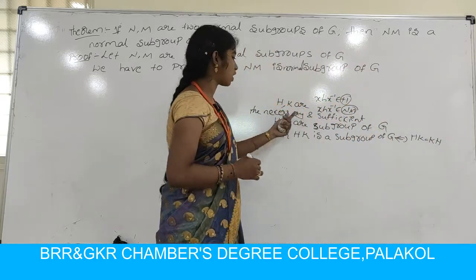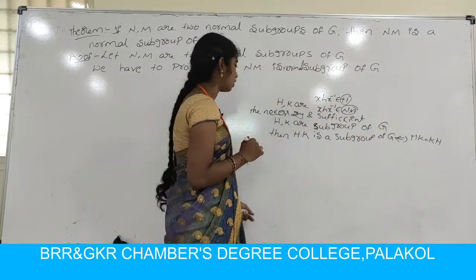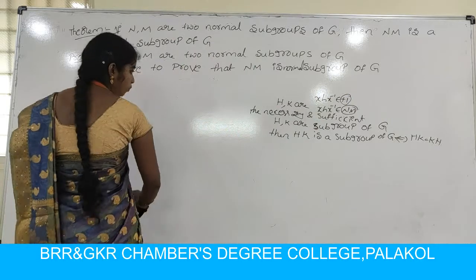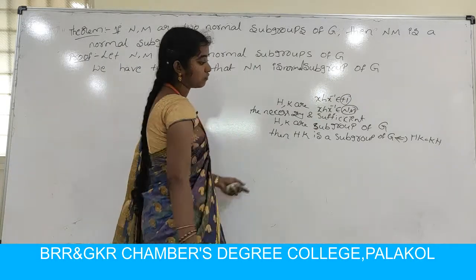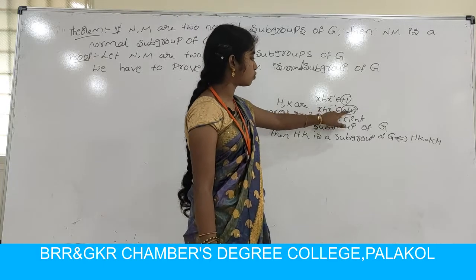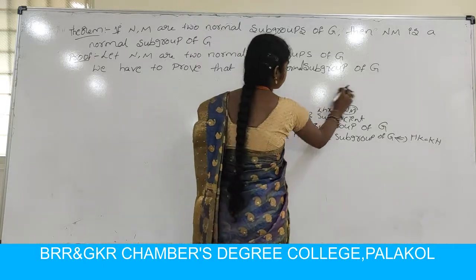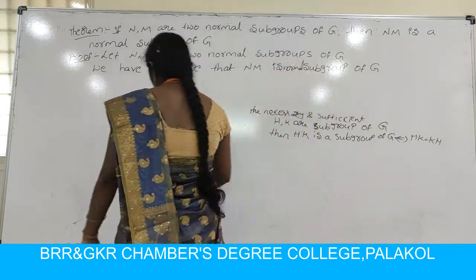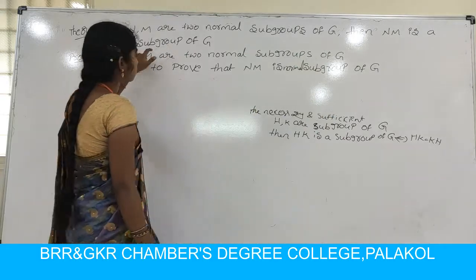So we have to prove that xHx inverse belongs to NM. So NM is a normal subgroup of Z.